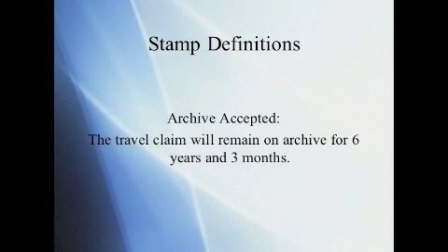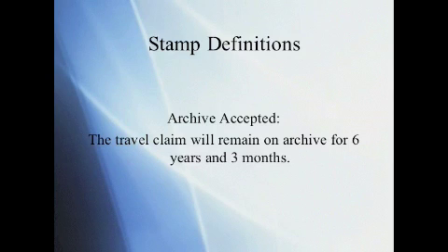The last stamp is archive accepted. All this means is that the traveler's been paid and that the travel claim will remain on archive with the Defense Travel System for 6 years and 3 months. And just a little financial note, financial records for the government need to be kept for 6 years, 3 months.